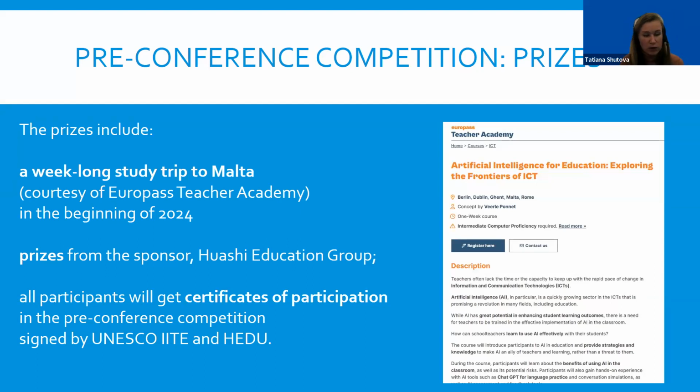And what is important, all participants will get certificates of participation in the competition, and they will be signed by UNESCO IITE and Huaxi Education Group. Here you can see the course that will be provided as the main prize to the winners. All in all, there will be 4 winners. That is 1 winner for each of the nominations.